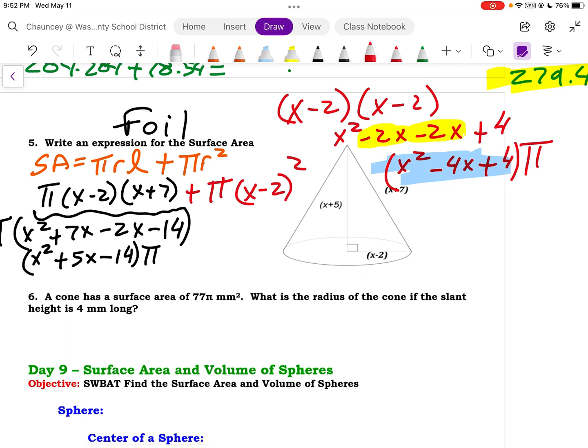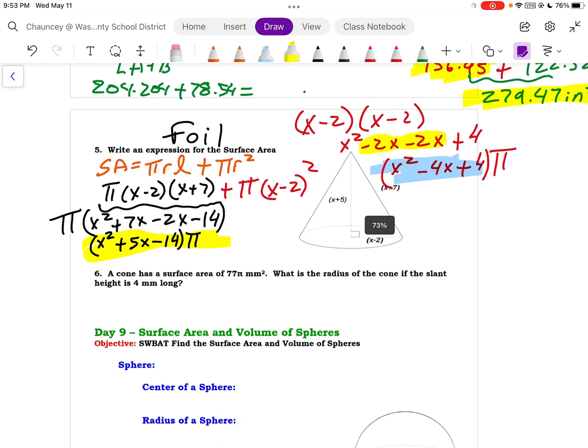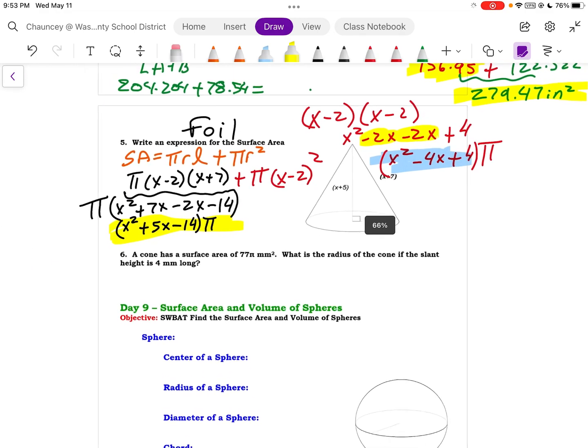If me going back and forth confuses you, I apologize. I don't have much space to write on here. All right, so now what we end up having is x squared plus 5x minus 14, times pi, plus x squared minus 4x plus 4, times pi. All right? So, again, now it becomes distributive property.